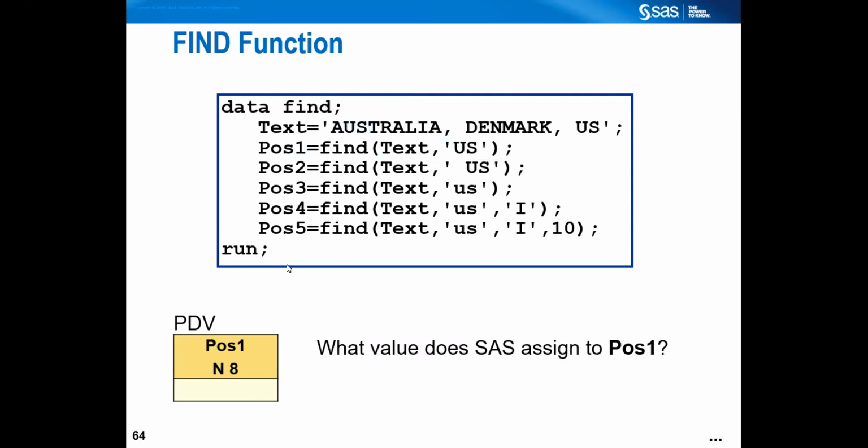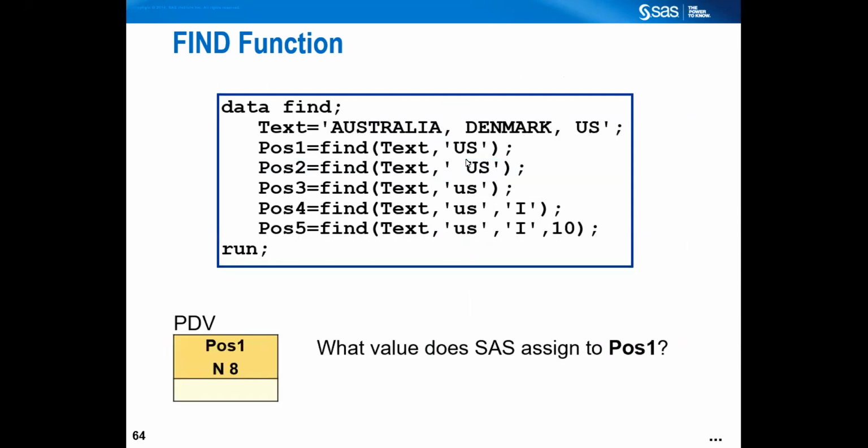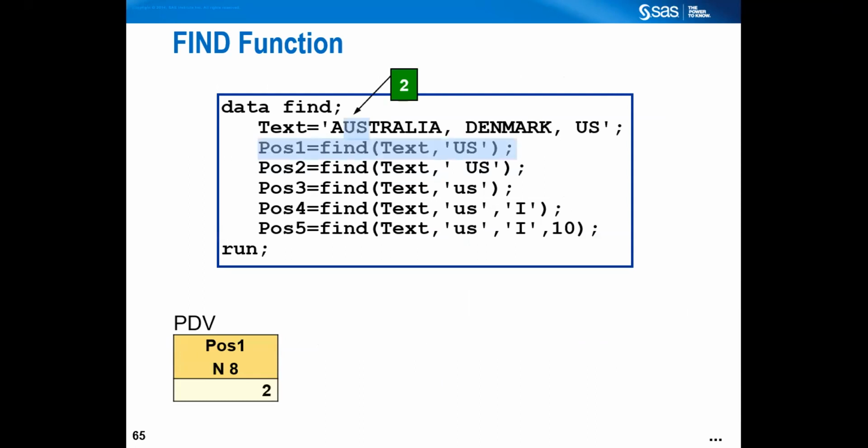That's what it was explaining here, the starting position of the first occurrence of the substring within the string, if the substring is found. SAS does not know it's a country name US. It just knows the letters US. So the first occurrence in Australia, Denmark, US, you find it at second position. All right, so it returns the position 2.